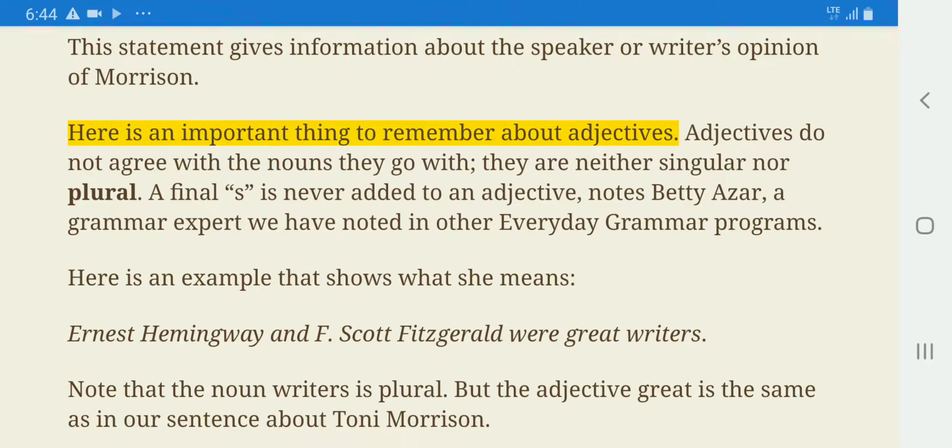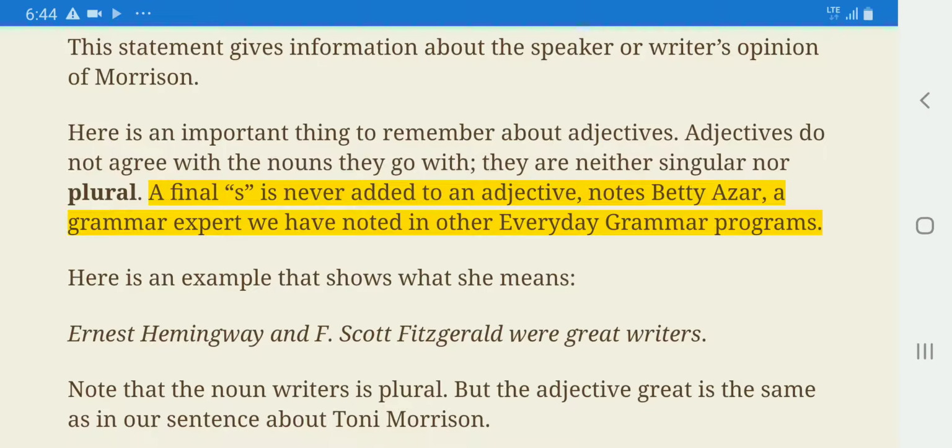Here is an important thing to remember about adjectives. Adjectives do not agree with the nouns they go with. They are neither singular nor plural. A final S is never added to an adjective, notes Betty Azar, a grammar expert we have noted in other Everyday Grammar programs.